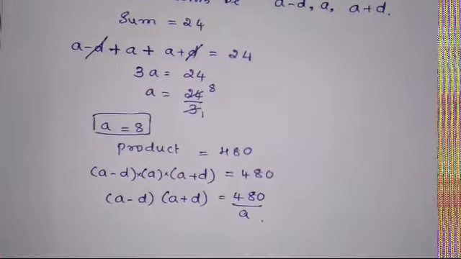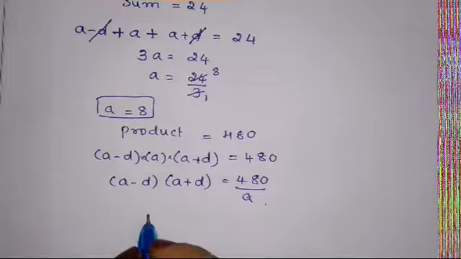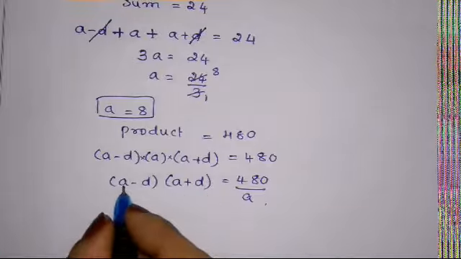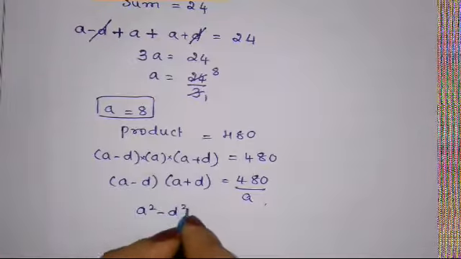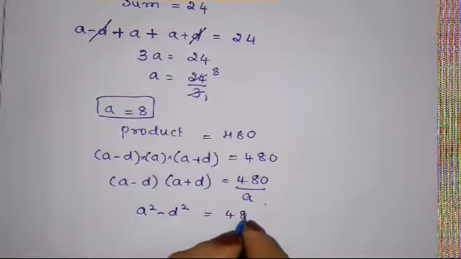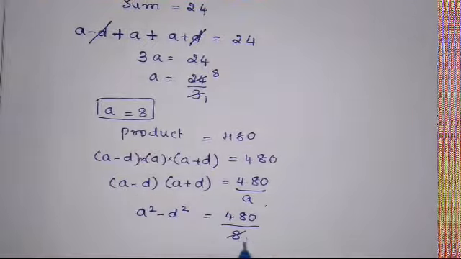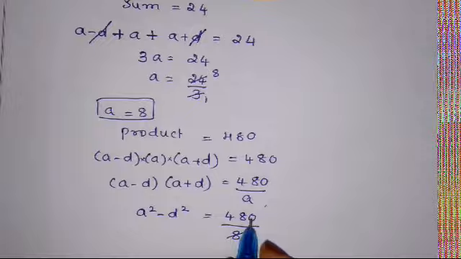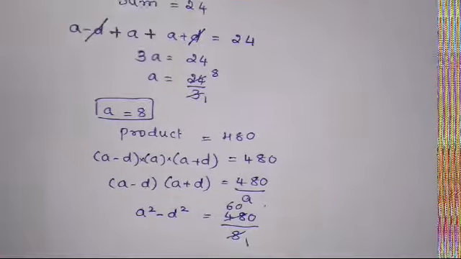Now we know that A plus B into A minus B is A square minus B square. Like that, A minus D into A plus D is A square minus D square. 480 upon A value 8: 8 5s are 40, 8 6s are 48, 60 we got here.